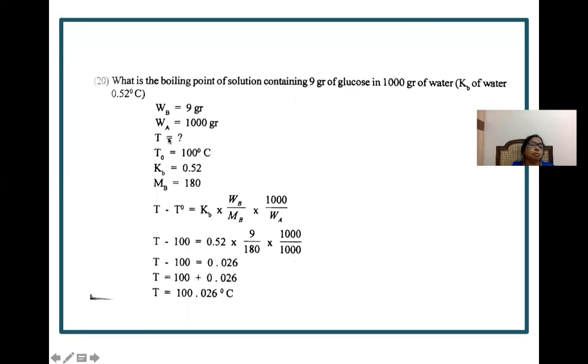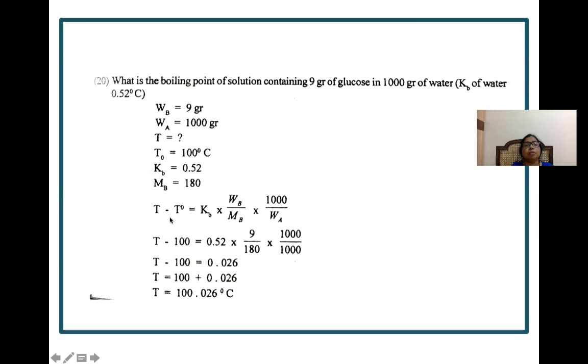T is the boiling point of the solution that we have to calculate. T naught, the boiling point of the solvent water, is 100 degrees centigrade. Kb is the molar elevation constant given in the problem, that is 0.52. Next, MB, the molecular weight of the solute glucose, is 180.